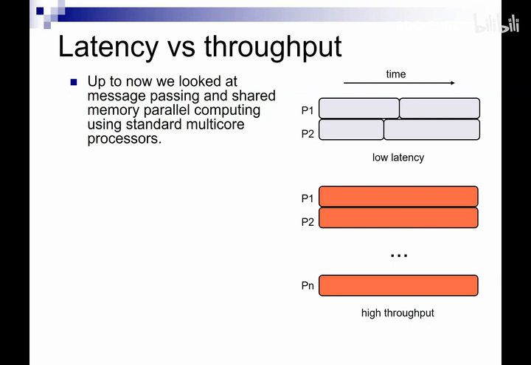Now the GPU, if you look at each task, might actually be slower on each task. However, the GPU is going to have so many processors, it can have thousands of processors, that overall, in each unit of time, you can solve many more problems on the GPU than the CPU.